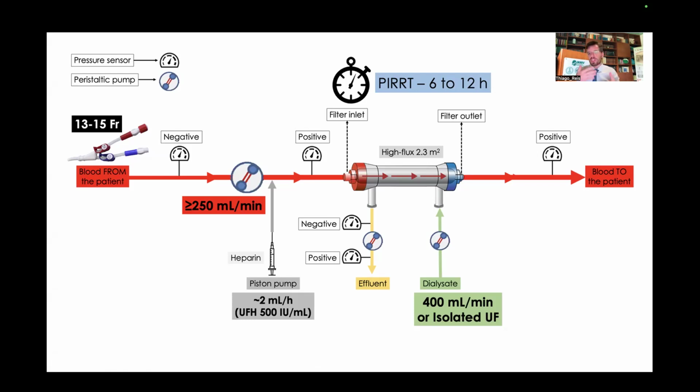We have less transmembrane pressure, less alarms. So the higher the filter area, the better. And dialysate flow, as I've mentioned, 400 mLs per minute, or if the patient does not require more reduction in potassium or increment in bicarbonate, only applying isolated ultrafiltration for fluid control.